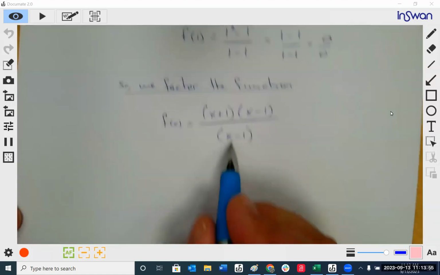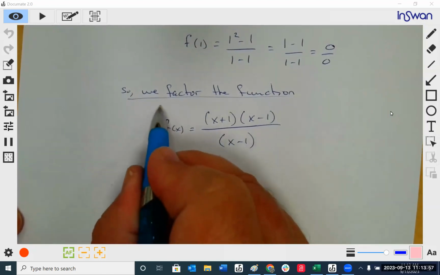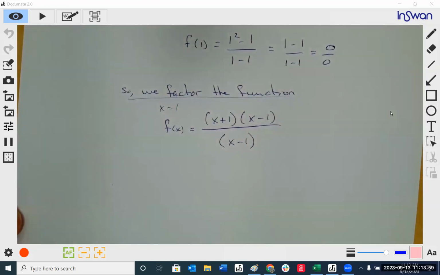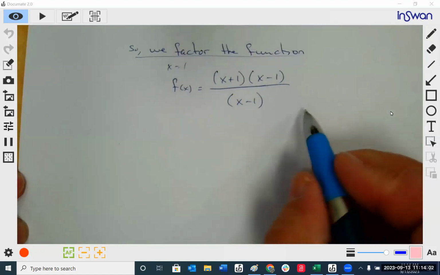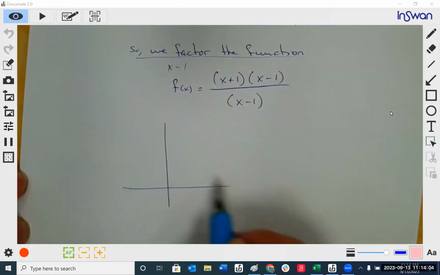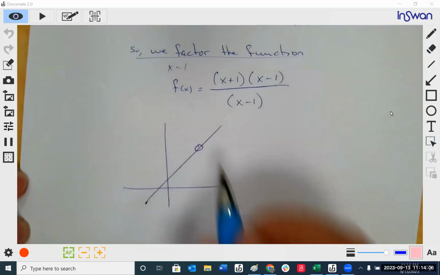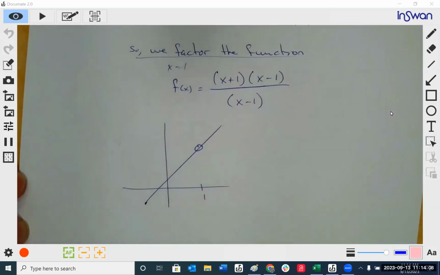Because if we plug in 1, we get 0 on the bottom. If we looked at a graph like this, it's a linear equation, but there's a hole there at 1, because we can't use 1 since it becomes undefined.